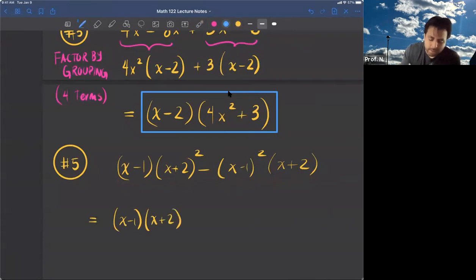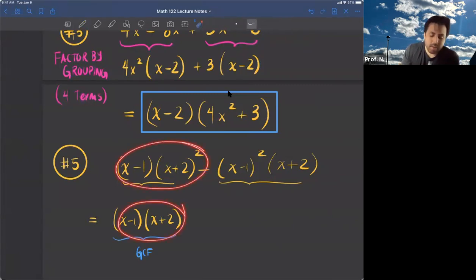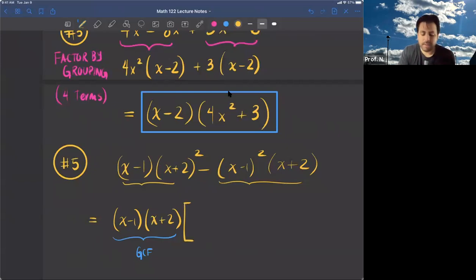This is my GCF. What that means is I can factor out this GCF from each of these 2 terms. This is one term, this is second term. If I factor out this GCF from this, what is left over? So there's going to be a bit more of parentheses here.